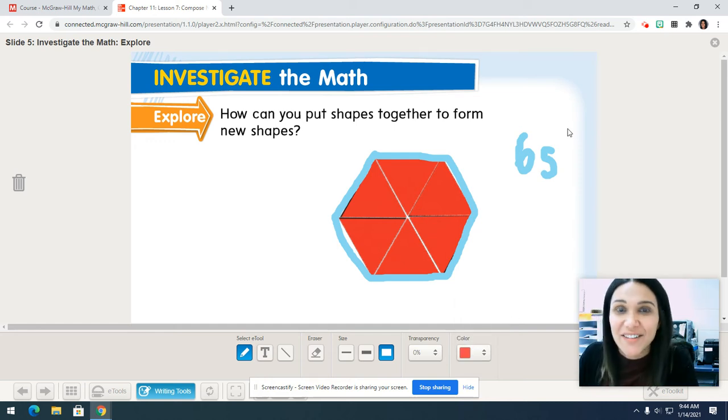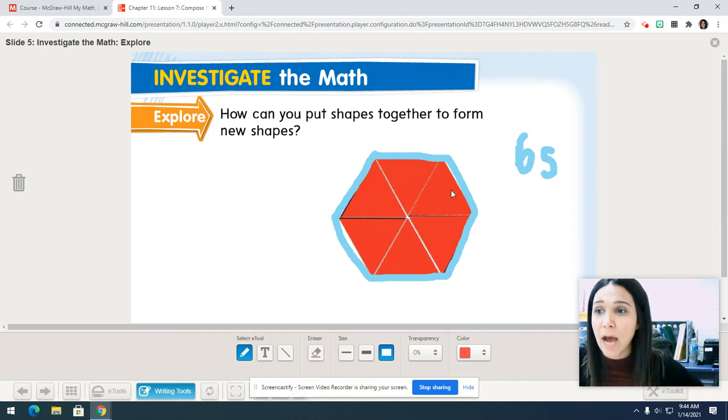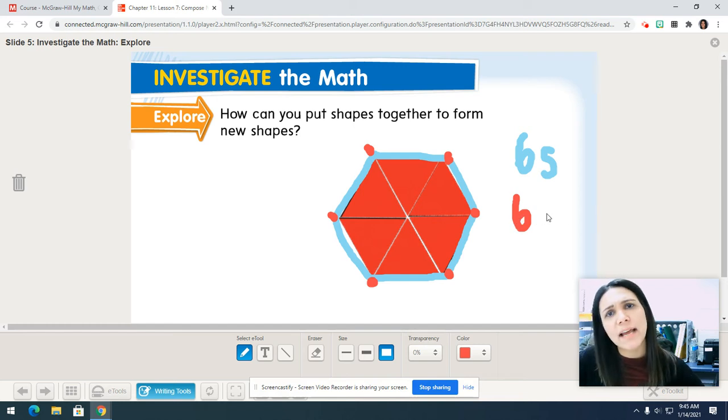How many vertices do you guys think we have? I don't know. Let's try and count them. What does vertice mean again? Vertice means corner. Good. Echo me. Vertice means corner. Help me count how many vertices we have. 1, 2, 3, 4, 5, 6 vertices. What letter am I going to put after the 6? Vertice.